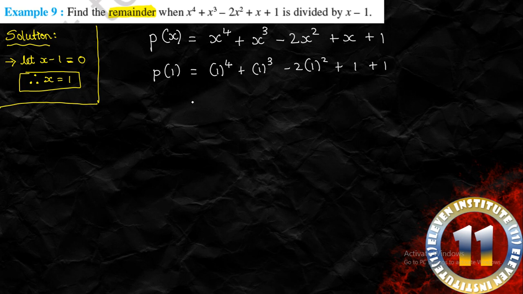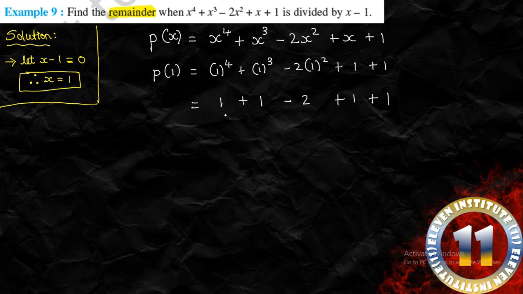Now we just have to solve. 1 raised to 4 is 1, 1 cube is again 1. 1 square is 1 and 1 multiplied by 2 is 2. So this minus sign will be kept as it is, and here we have minus 2. And then again plus 1.